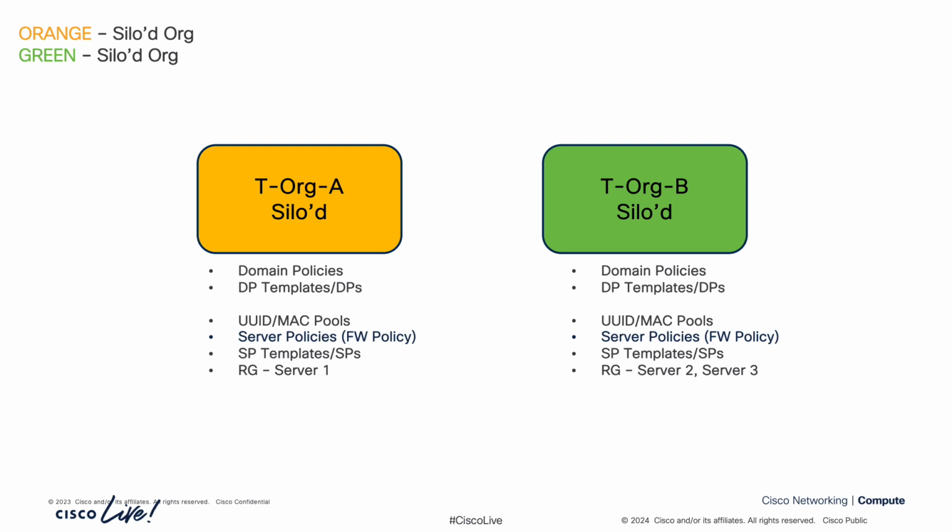So that's the beauty of the org model. That's the beauty of IMM and Intersight. And we're going to try to show that to you on a reduced scale. So let's talk about this siloed org structure, and let's morph this into a shared org structure.